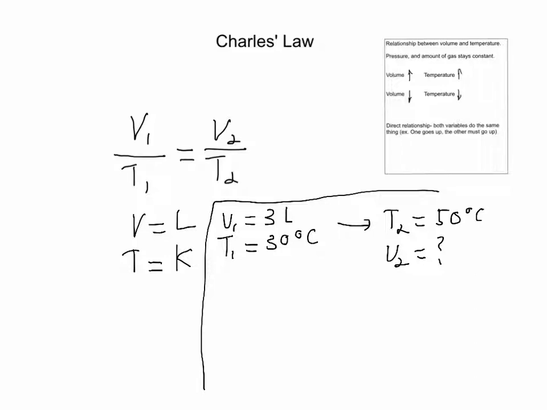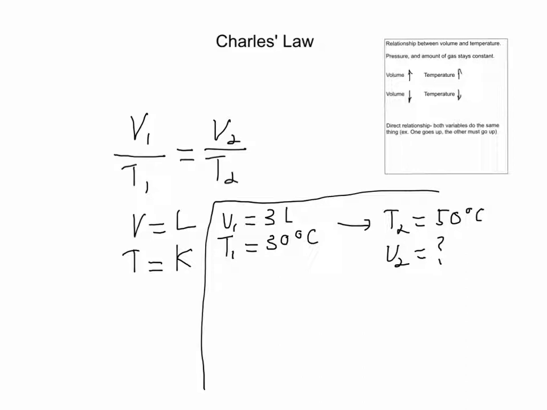Notice that when I write out this problem, I label my variables right away. So I label V1 equals 3 liters, T1 equals 30 degrees Celsius. That's the volume and temperature of the gas to start, and then the temperature of the gas under the new conditions is 50 degrees Celsius. So what does its volume become?